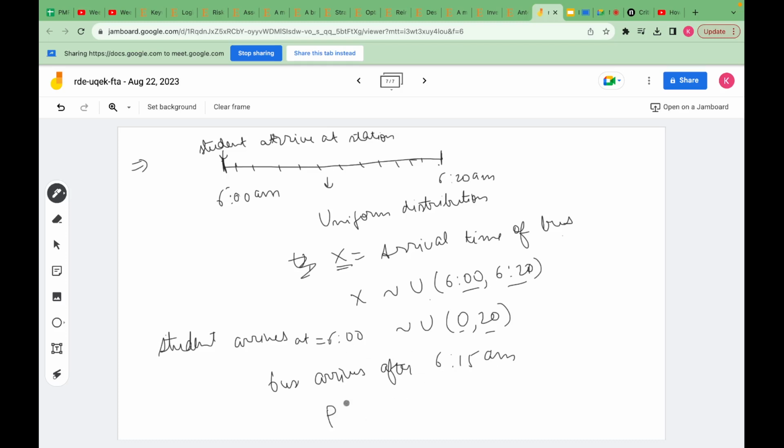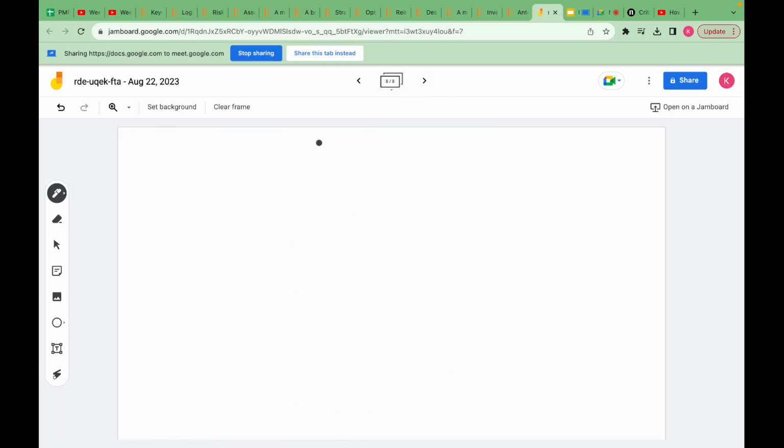So here we are asked what is the probability that x is greater than 15, and this is nothing but 1 minus the probability that x is less than or equal to 15.